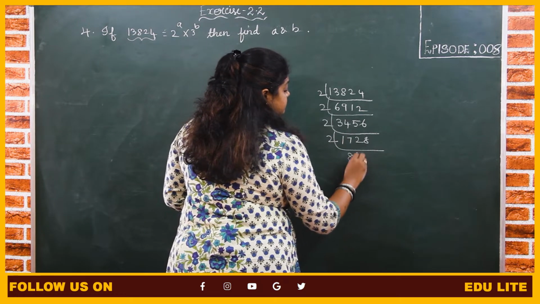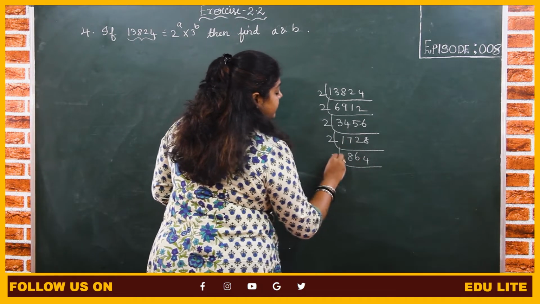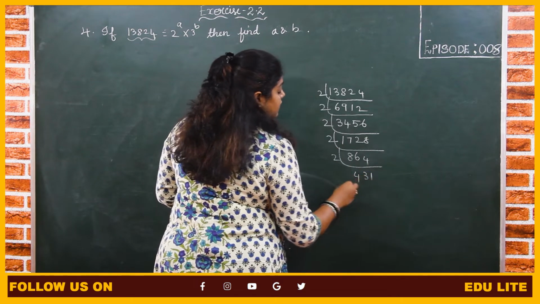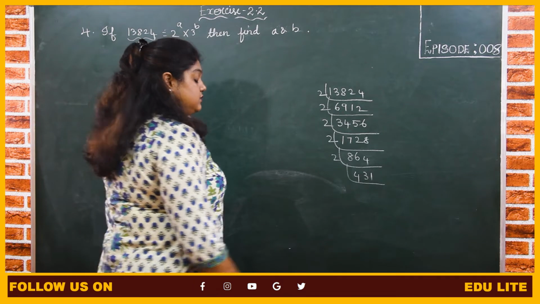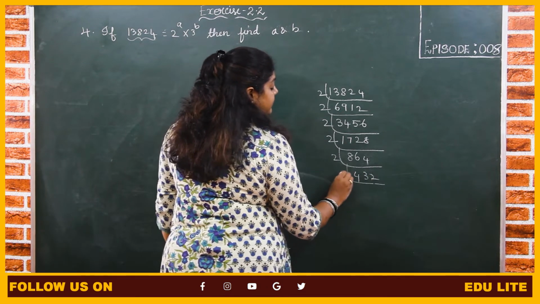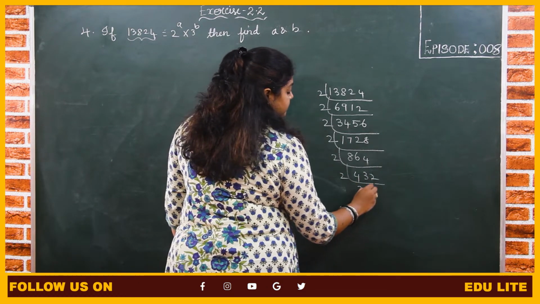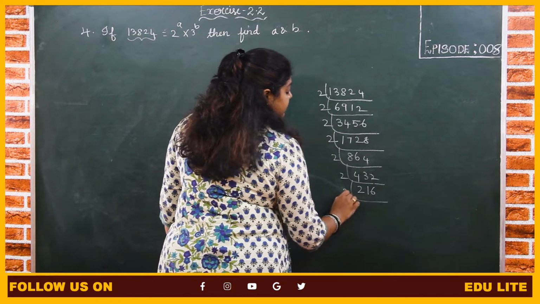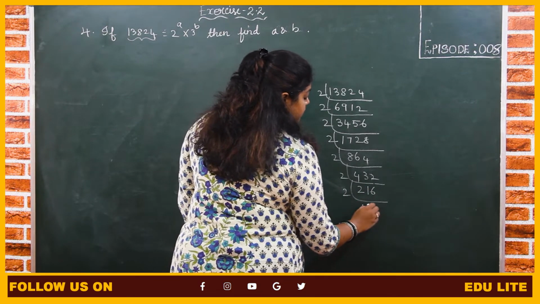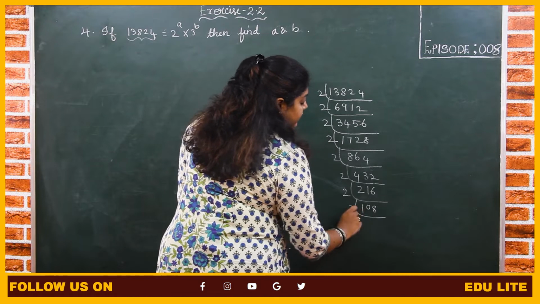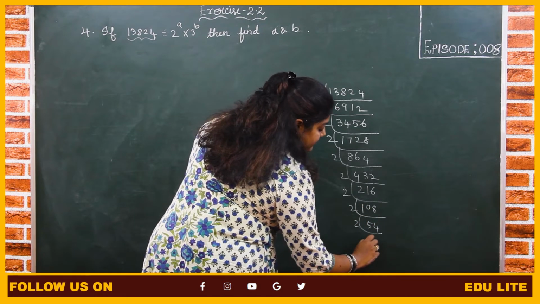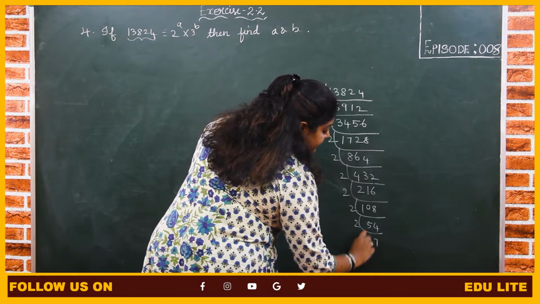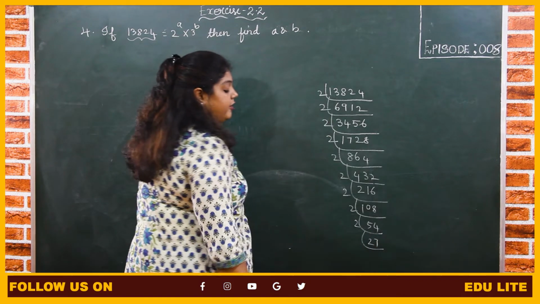Can be divided by 2. Now 431 cannot be divided by 2, we have to choose the 432. It can be divided by 2 and it can also be divided by 2. 108 can also be divided by 2. 54, 27. 27 cannot be divided by 2.